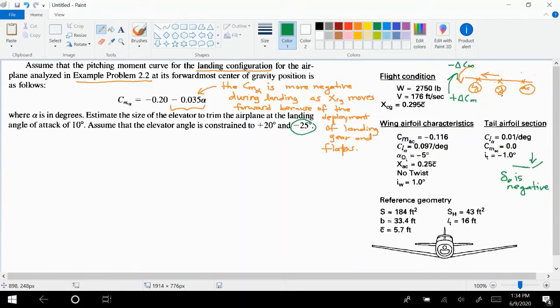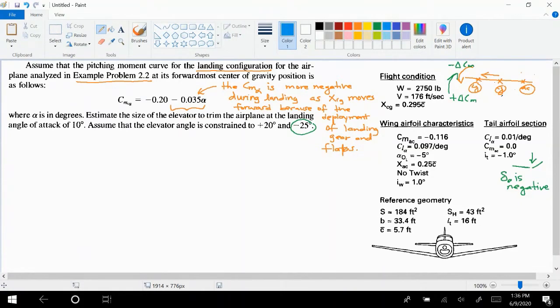So if there comes a point where we have to choose the maximum value, then obviously it's going to be negative 25 and not plus 20. This is based on our understanding of what is required to make the aircraft stable during a landing approach.